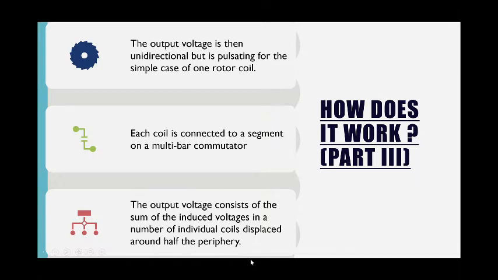Periphery might be something very new to all of you. Periphery basically means the outward bounds of something, as distinguished from its internal regions or center. If you imagine it as a circle, it's just the perimeter of the circle. That is called periphery.